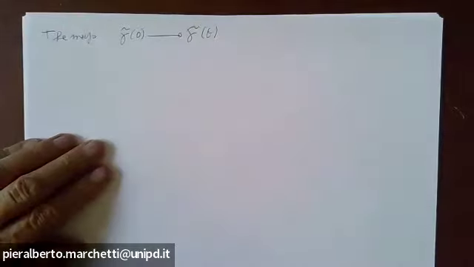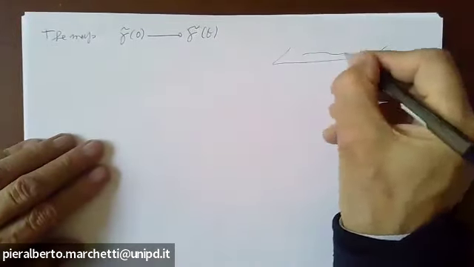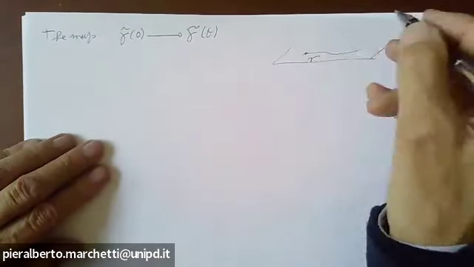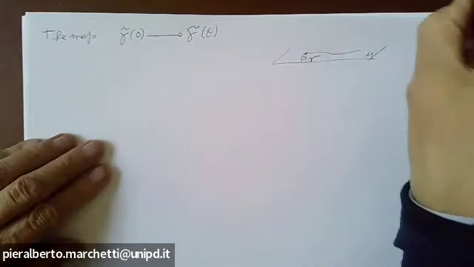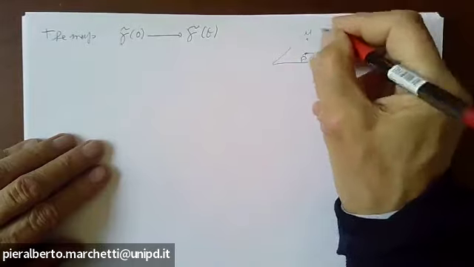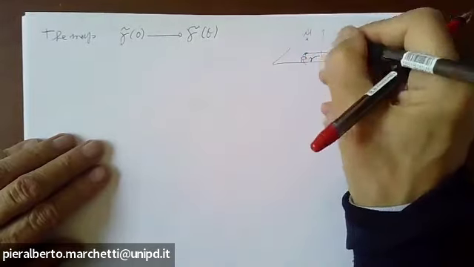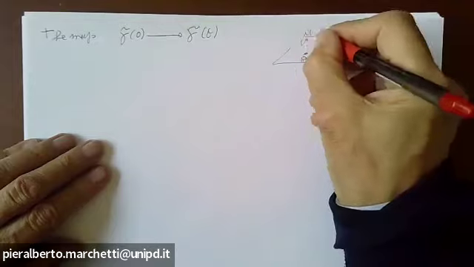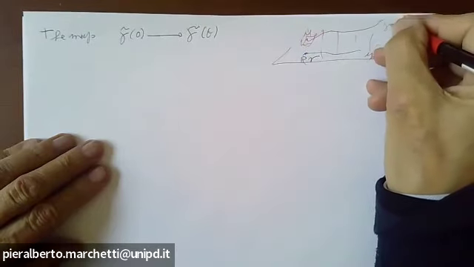Remember again, this is the curve gamma here in M, this is P, and here this is U, this is the fiber. I have fibers everywhere. Here I have my horizontal spaces, and it will be some gamma tilde.